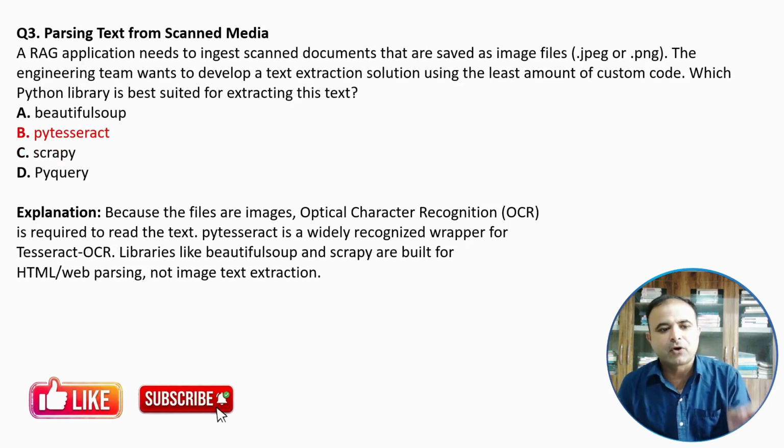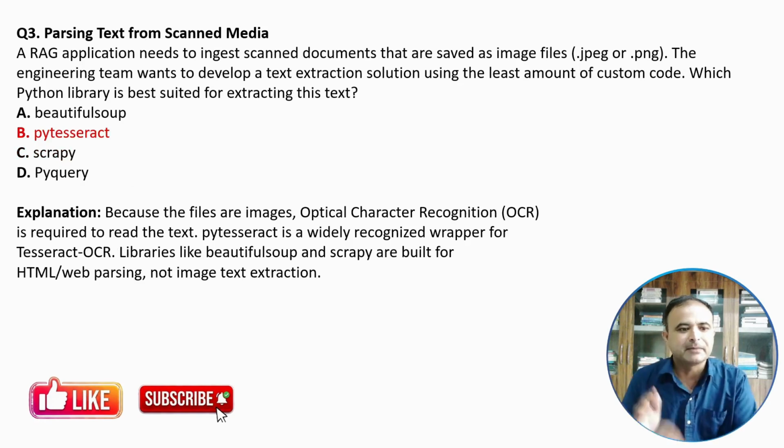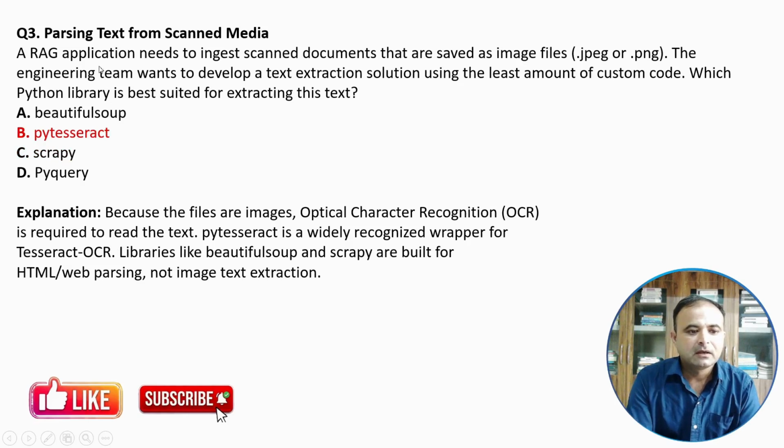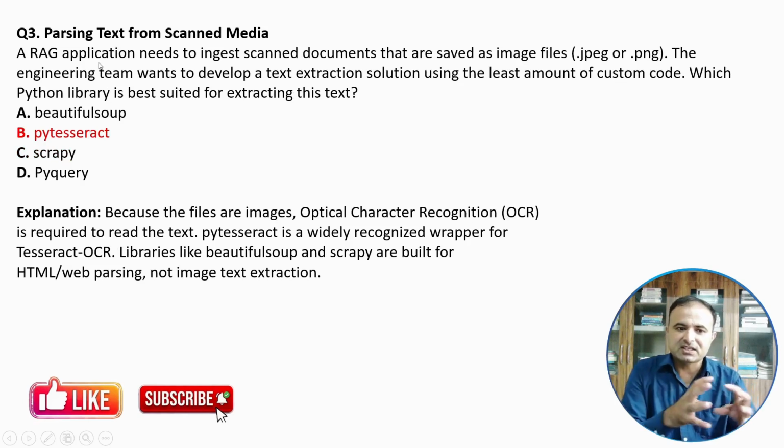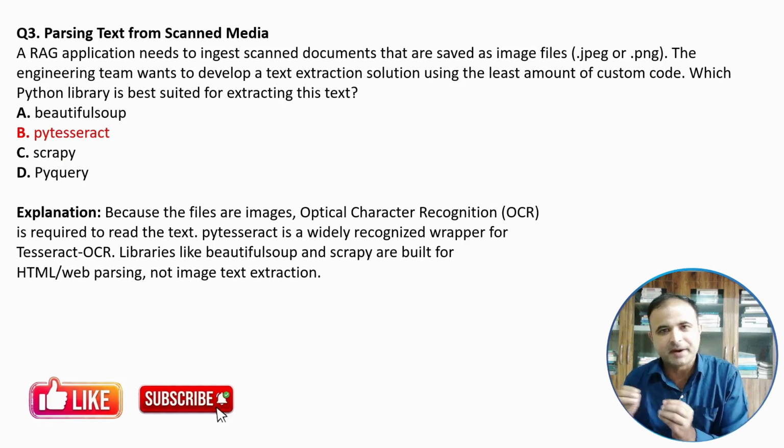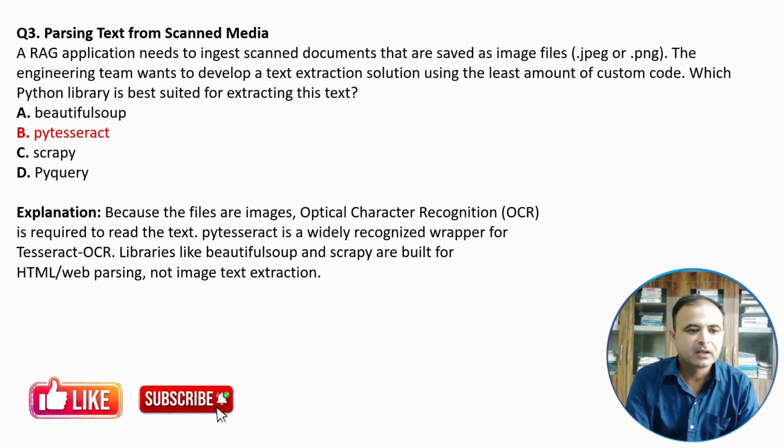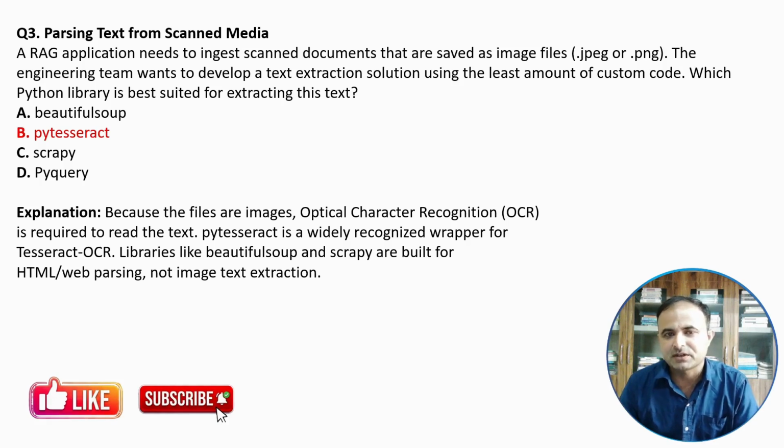Parsing text from scanned media. A RAG application needs to ingest scanned documents saved as images, in formats like JPG or PNG. The engineering team wants to develop a text extraction solution using the least amount of custom code.